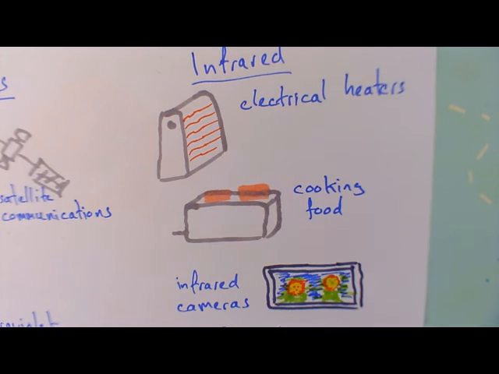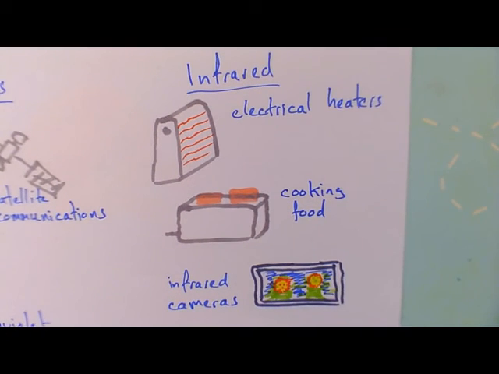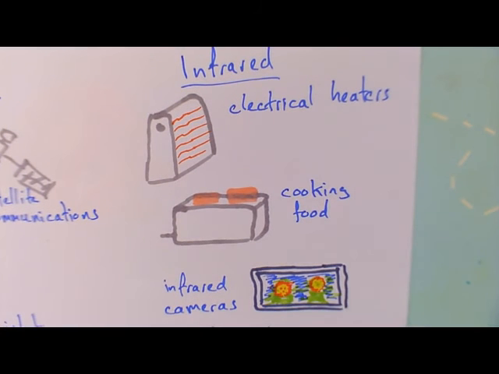And then the other use for infrared radiation is these infrared cameras. Now, what I've tried to draw is an image that might be shown on the screen of, say, a police helicopter. And you may have seen it in these police camera action type programs where the criminal is trying to get away. He's in his car and then he thinks, right, I'll jump out the car, and he hides in the woods and he thinks he's safe, and then the helicopter goes over the top and switches on the infrared camera, and you see this glowing image of a person running through the woods, and they're able to guide the police dogs or the policemen on the ground towards it.